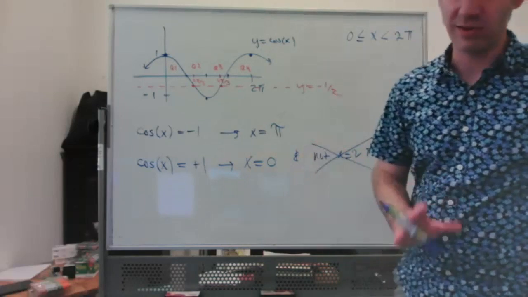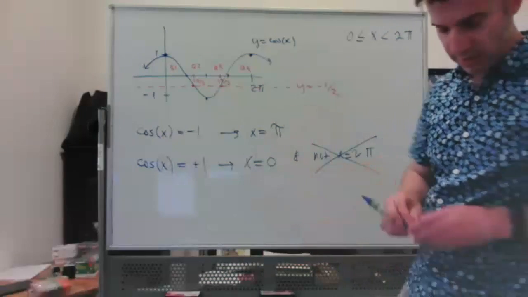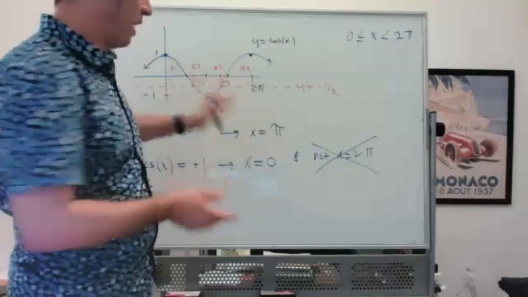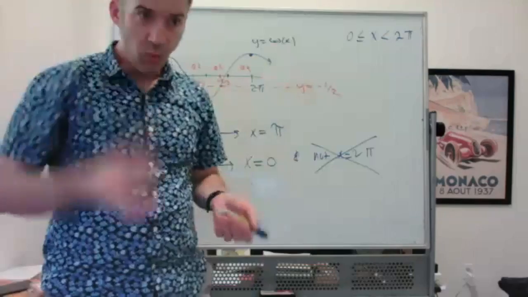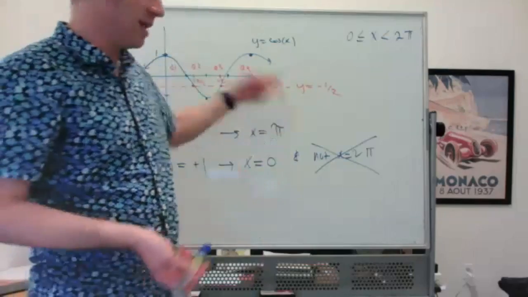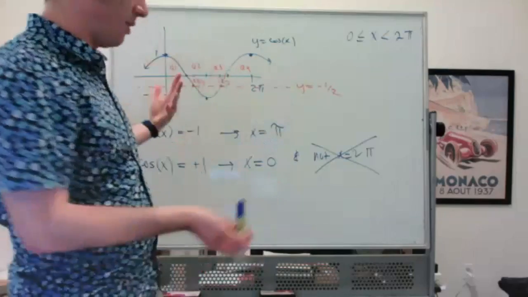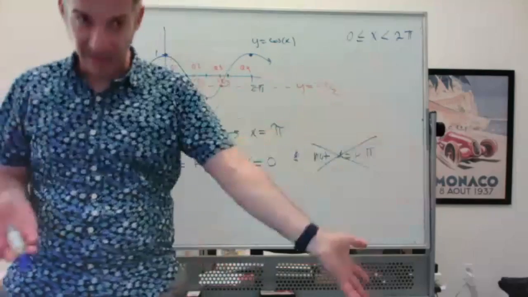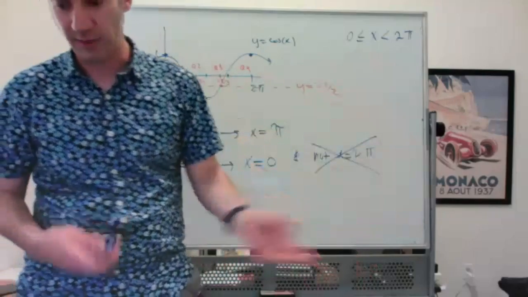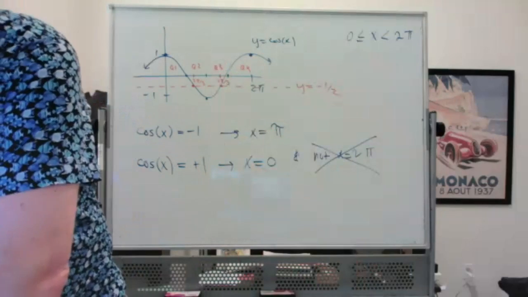But if you accidentally include 2 pi, it's fine. I won't really care that much. But sometimes people say, we only want one full revolution and not the same point twice, which means we don't want the angle 0 and the angle 2 pi because they technically go to the same point. All right, let's look at some more examples.